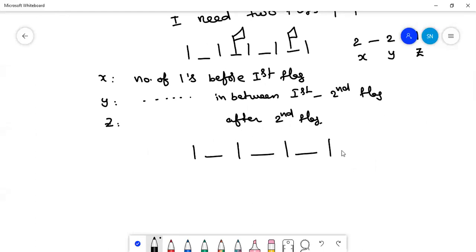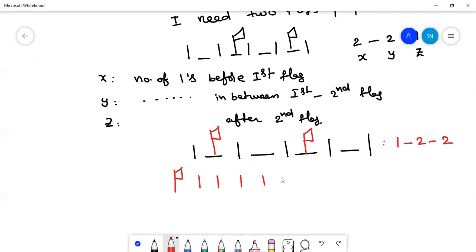According to the second example, if I keep the flag here, and this is one more flag, the corresponding values of x, y, z according to this case are 1, 2, 2. Then there is a doubt. If I keep a flag here, 1, 1, 1, 1, one more flag here, and 1.